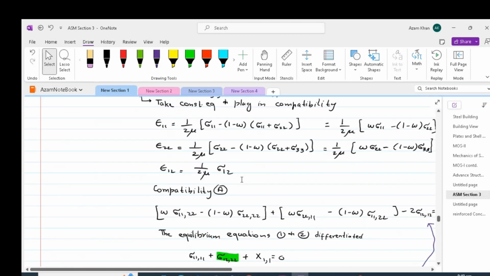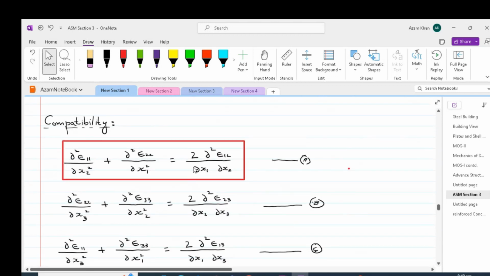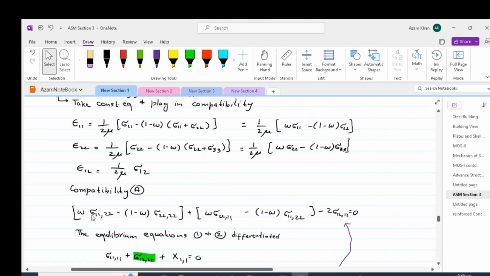Now we can invoke the compatibility, plugging the values into the compatibility equation, equation A, and we get omega sigma 1,22, which means sigma 1 is partially differentiated twice with respect to x2, minus (1 minus omega) times sigma 2 differentiated twice with respect to x2. This we get by differentiating the epsilon 1 equation twice.